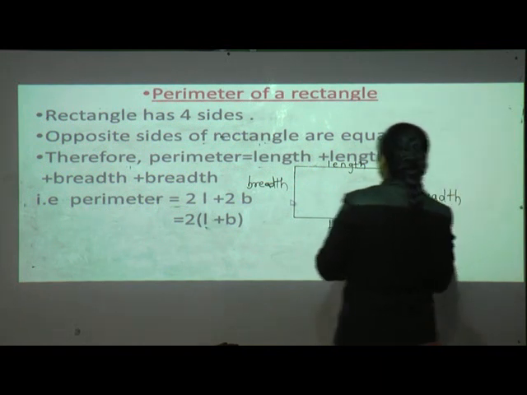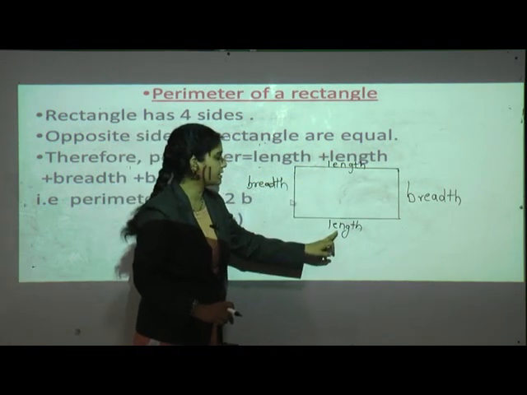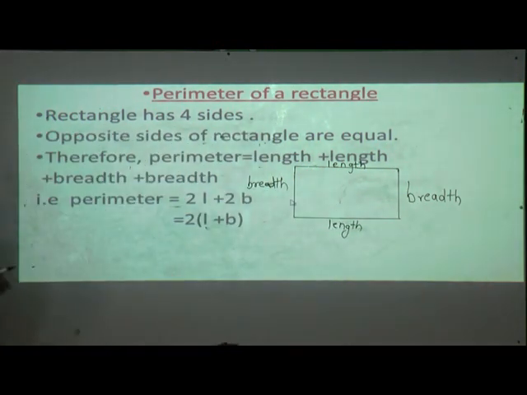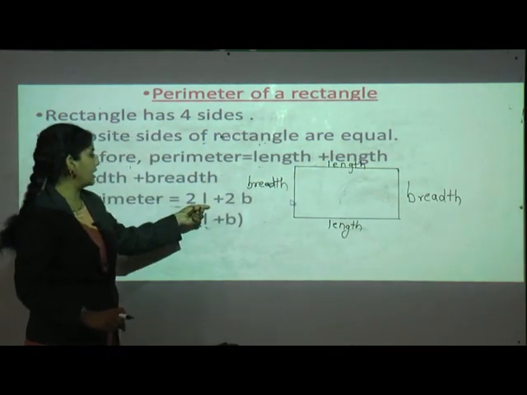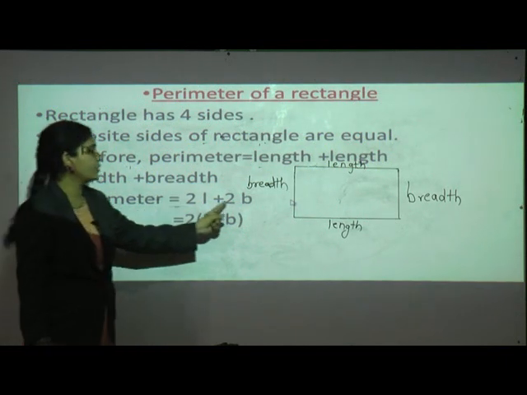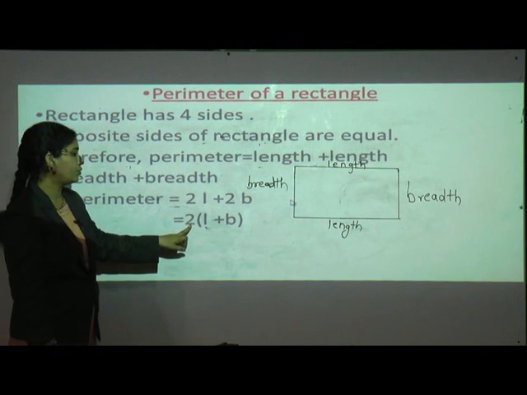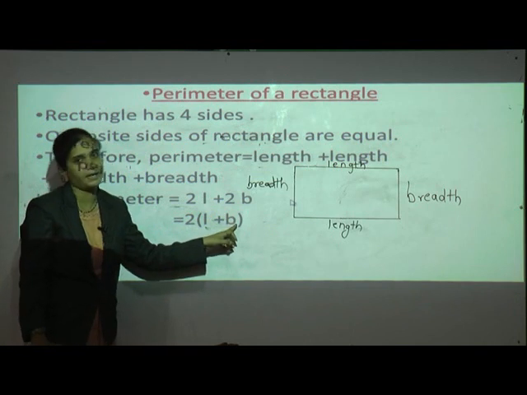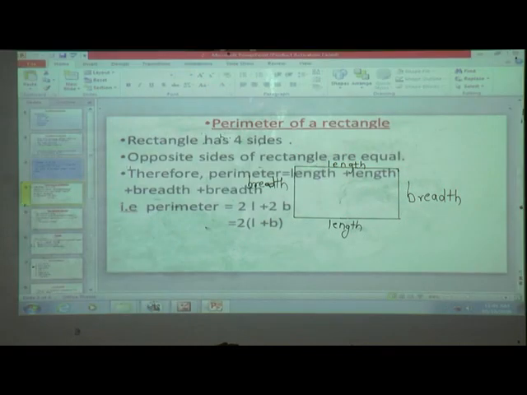So the perimeter of a rectangle is equal to length plus length plus breadth plus breadth, and that is equal to 2L plus 2B. Length plus length means 2L, and breadth plus breadth means 2B. So just take 2 in common, 2 in the bracket: 2 multiplied by length plus breadth. So this is the formula of the perimeter of a rectangle.